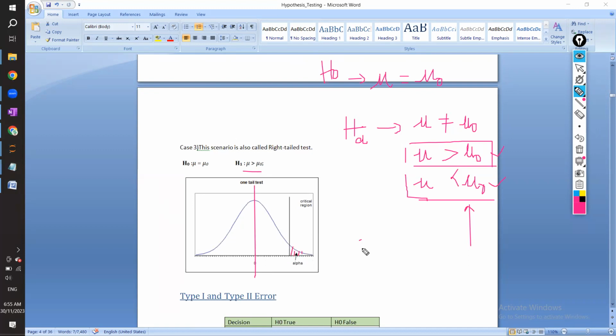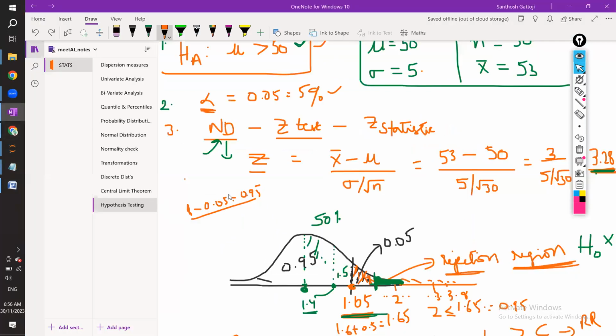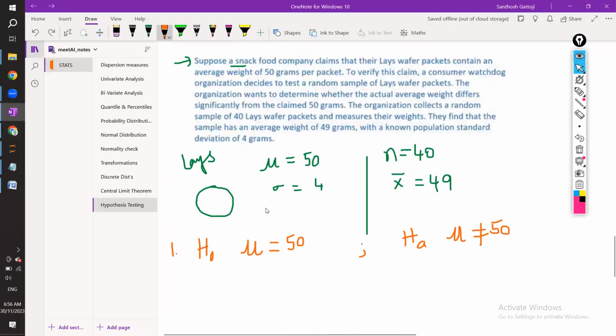Are these three scenarios clear to everyone? Yes, sir. Okay, fine. Now coming to here.